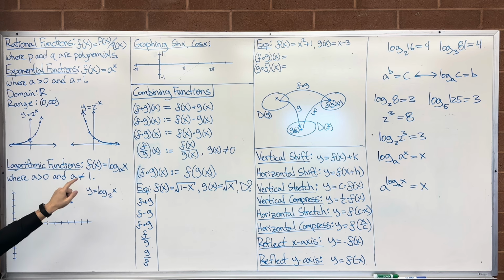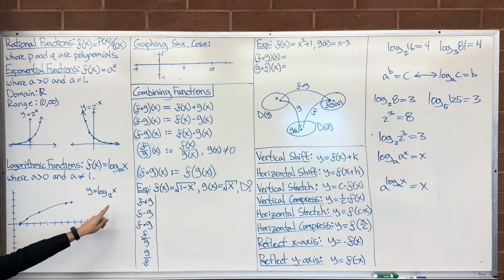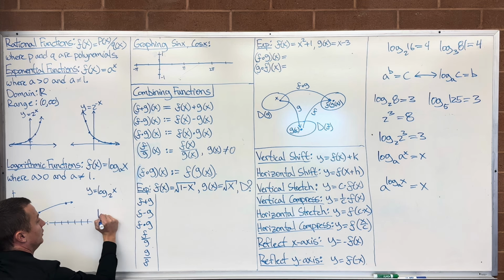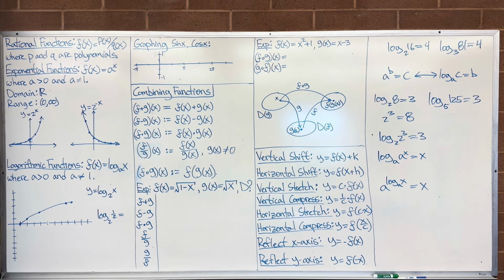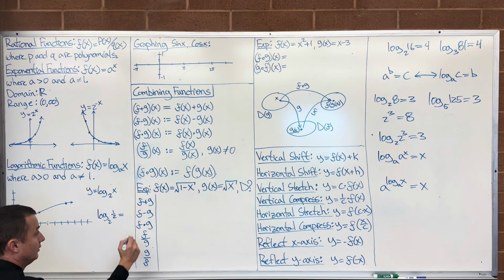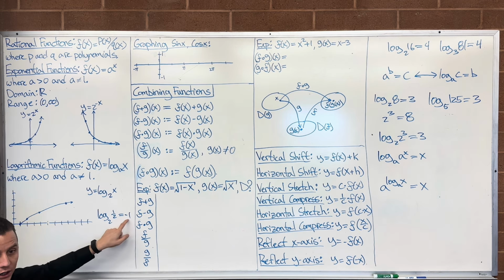All right, let's plug in 1/2. What's log base 2 of 1/2? What exponent do I have to raise 2 to get 1/2? Negative 1. What's 2 to the negative 1? 1/2.